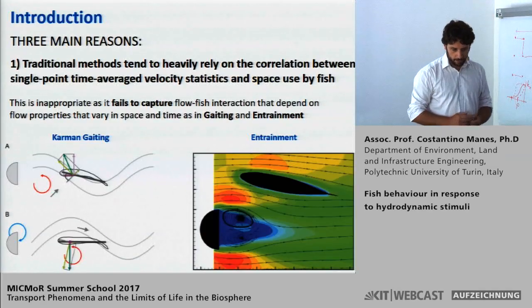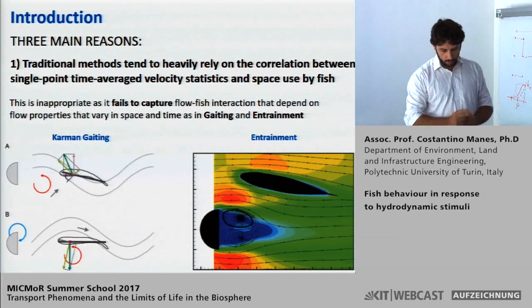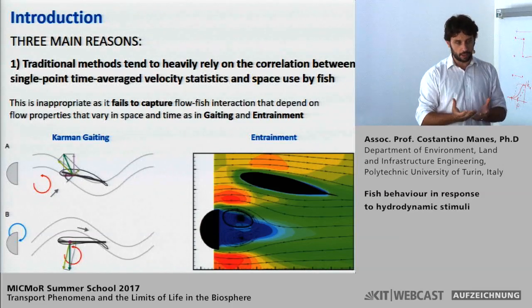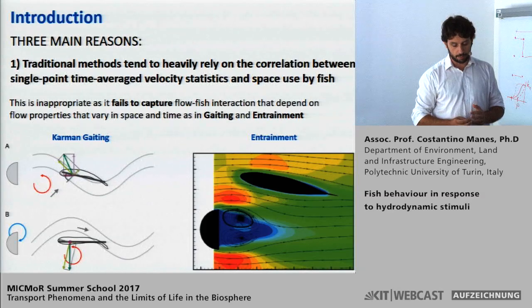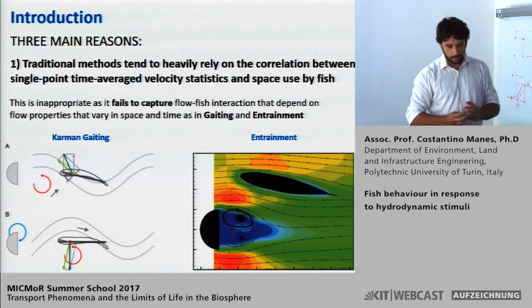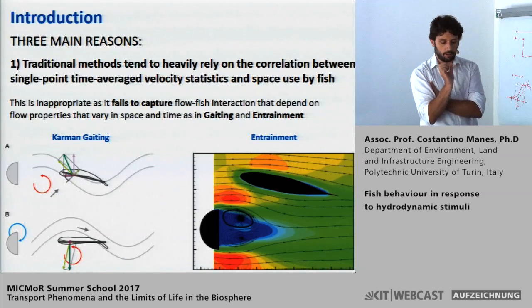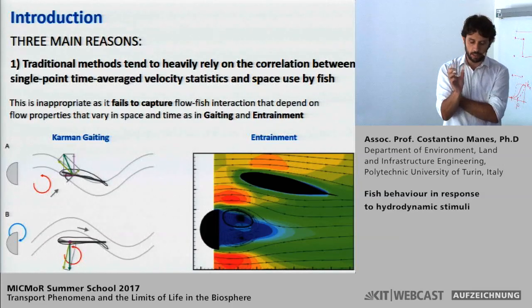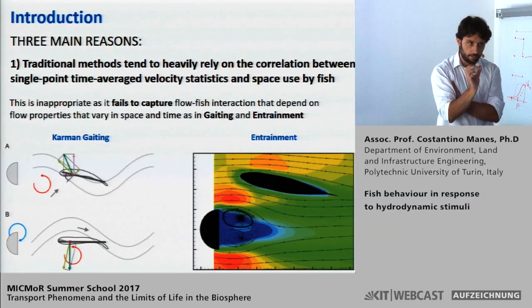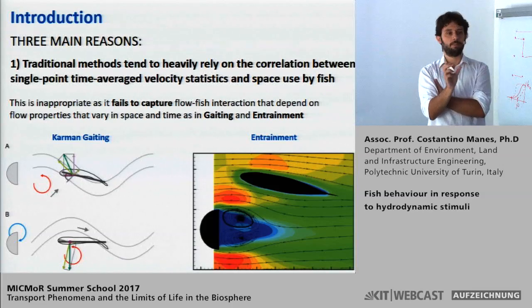One problem is that studies that try to isolate the effect of hydrodynamics on space use tend to rely heavily on simple correlation between single point, time averaged velocity statistics and space used by fish.